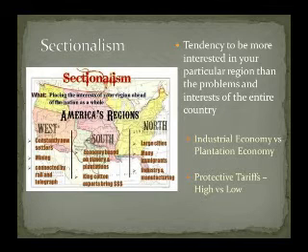Sectionalism is a tendency to be more interested in your particular region than in the problems and interests of the entire country. Now, the northern side had an industrial economy and the southern side had a plantation economy. So both regions were working according to their own interests.